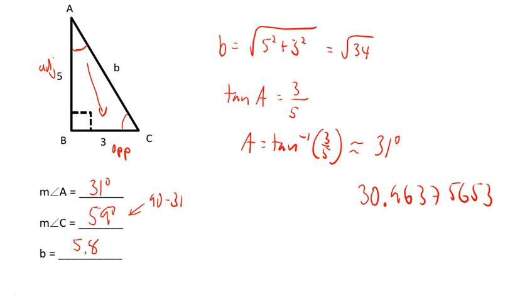So traditional rules of rounding say that after the decimal, if there's a 5 or higher, you round up. But truncating means you just chop it off. You ignore everything after the decimal. So on this, I would accept 30 degrees or 31 degrees. Am I answering your question, or am I missing your point?